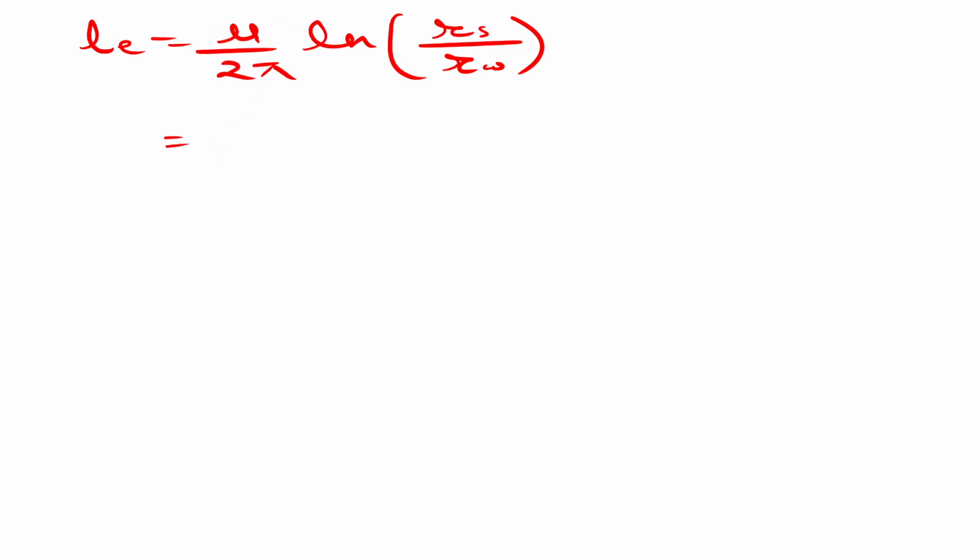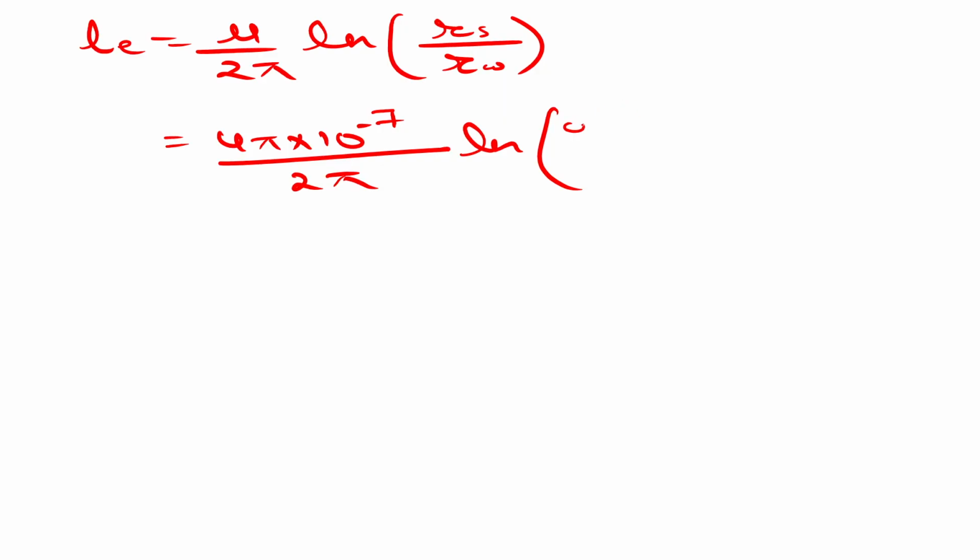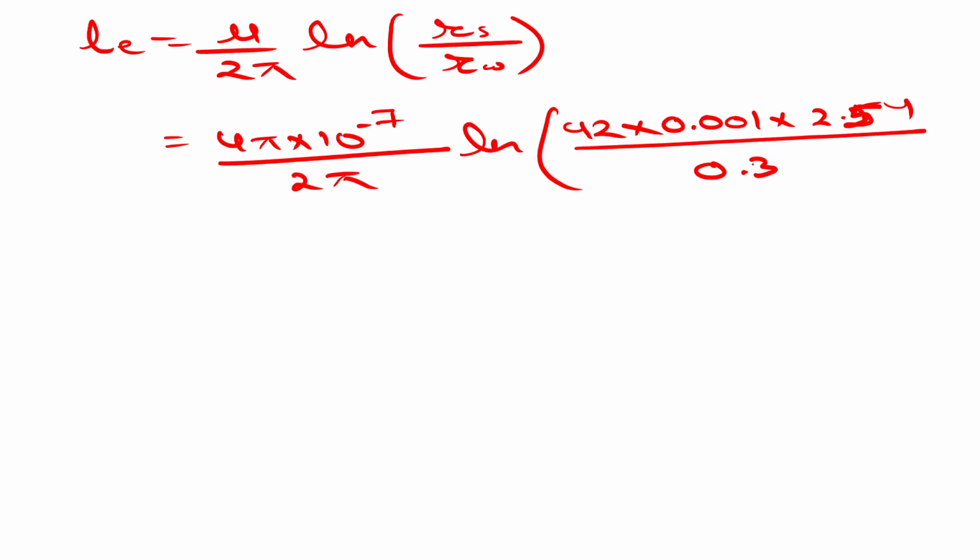Since the material is non-magnetic, we take mu as 4 pi into 10 to the power minus 7, divided by 2 pi, ln of RS, which is 42 mils. In centimeters it will be 42 multiplied by 0.001 into 2.54, divided by 0.3 into 10 to the power minus 1, because both are in centimeters now.